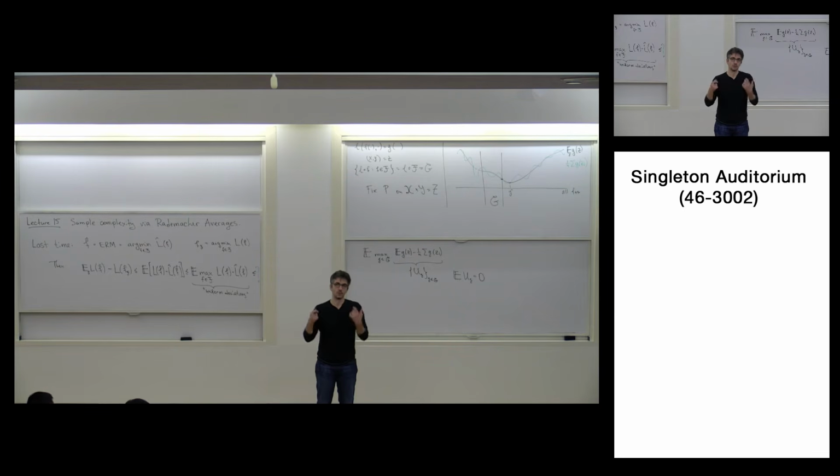Well, let's go through this. There are 4 possibilities. Either they both end up being -1, in which case the maximum is -1, or -1, 1, in which case the maximum is 1. And the final possibility is 1, 1, in which case the maximum is 1. So in 3 out of 4 cases, the maximum is 1, and with probability 1/4, the maximum is -1.